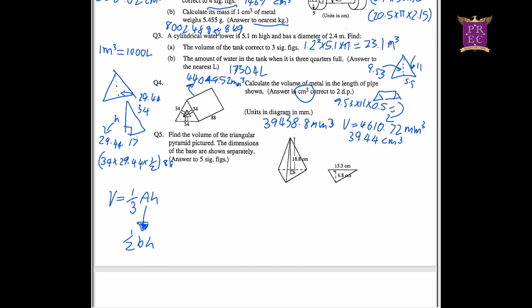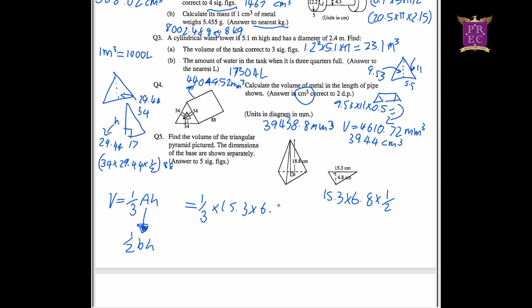Let's plug in the values. The area of the triangle is 15.3 times 6.8 times a half, and we plug all this into the formula.